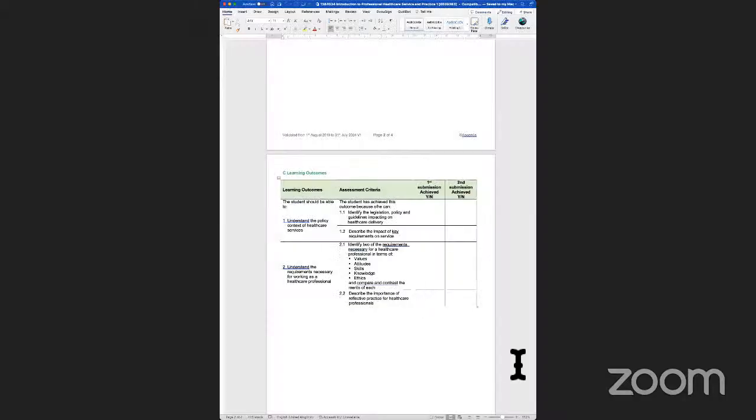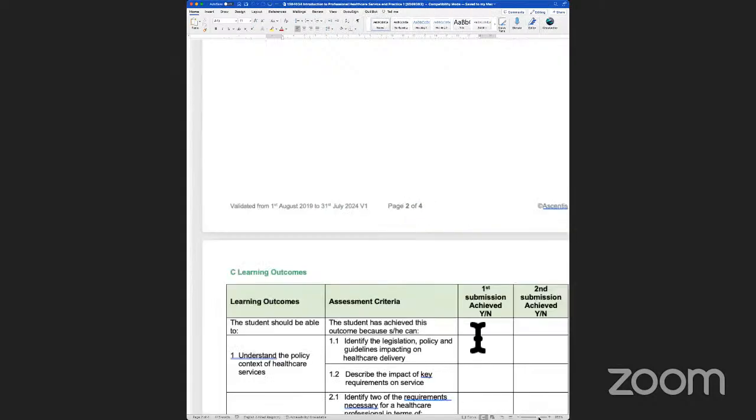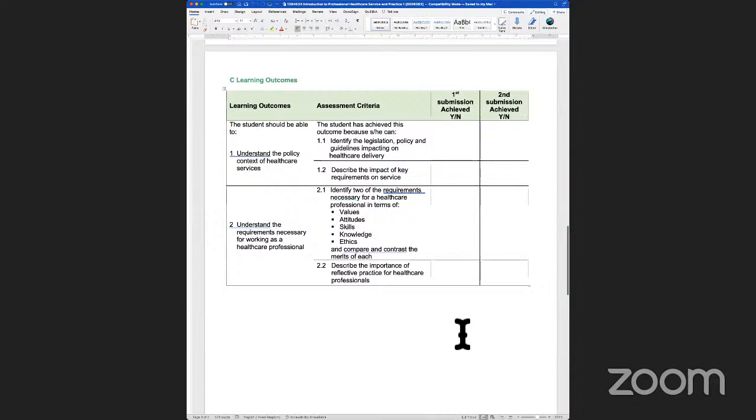And in general, that would also entail understanding necessary requirements. So when we talk about learning outcome two, we are going to be focused on understanding the requirements which are necessary for you to be able to work effectively within health and social care services.